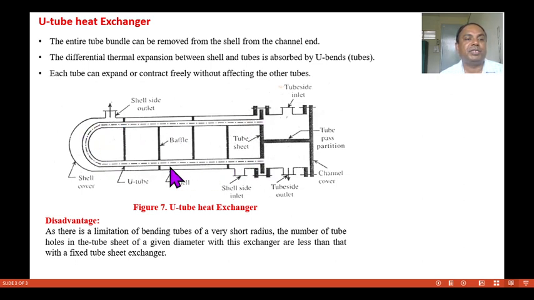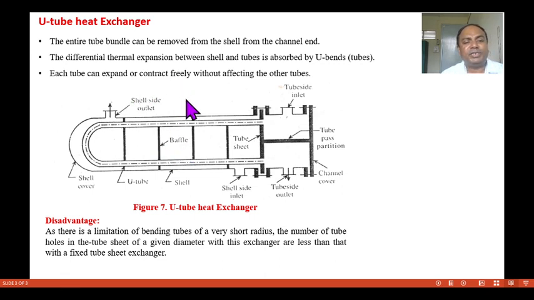That is why this U-tube heat exchanger is very helpful: mechanical cleaning of the U-tube can easily be done, as well as it absorbs the differential thermal expansion between shell and tubes.